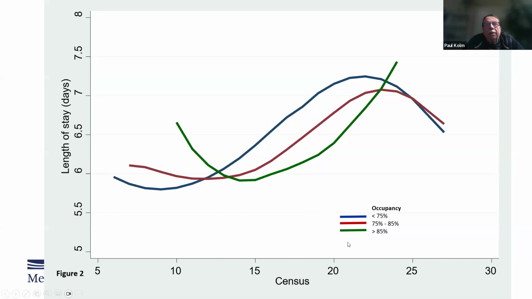That would be akin to a quadratic function, whereas the other two, less than 75 and 75 to 80, appear to have more of a cubic function because they have basically two change points, down here and then up here where it goes down again.